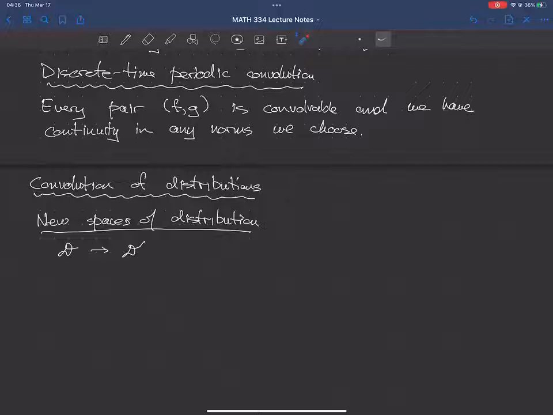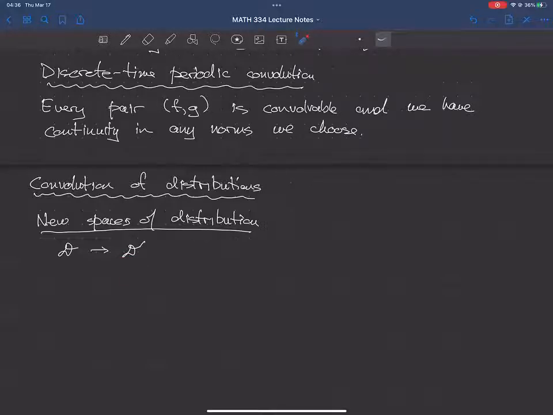We will see a very concrete realization of that when we talk about Fourier transforms of distributions. The issue that's going to show up is that when you take the Fourier transform of a distribution, you don't get a distribution back.